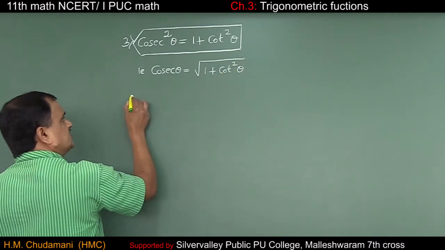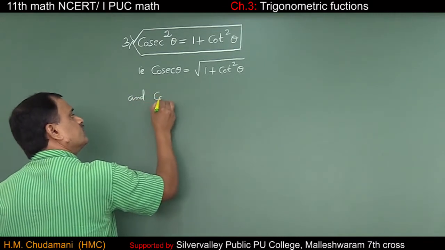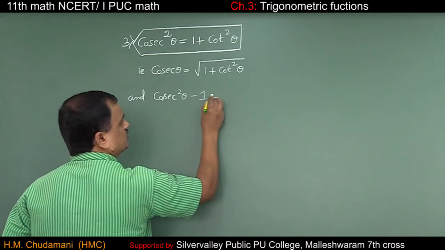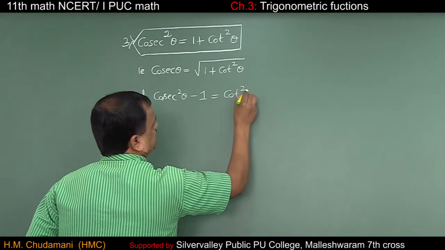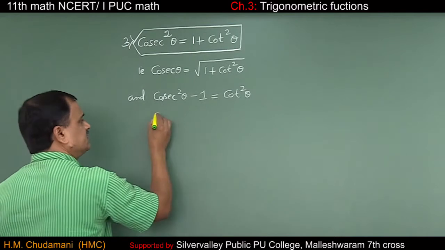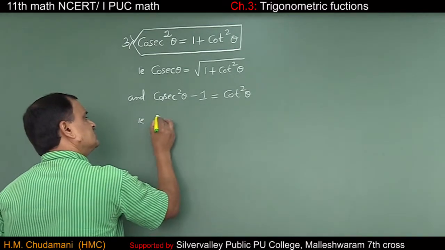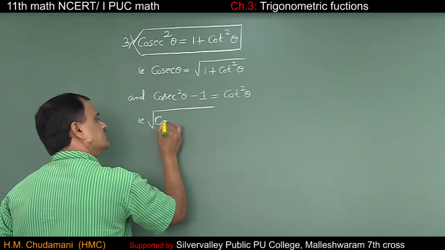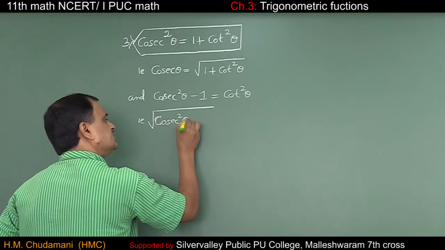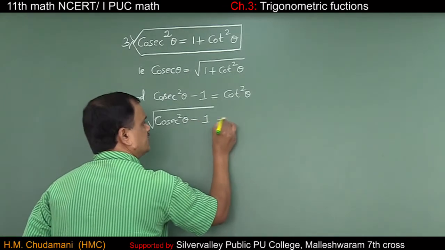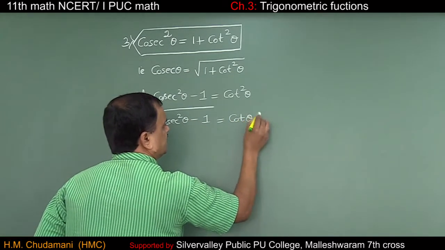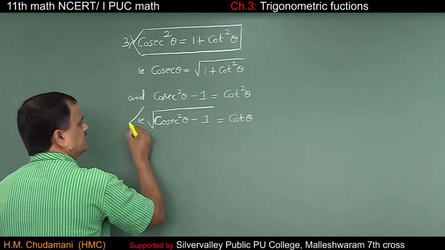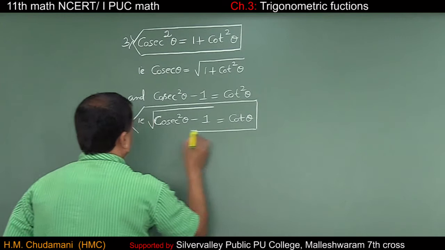That is the same as cosecant square theta minus 1 is equal to cot square theta. Shift 1 to the left hand side, that is nothing but root of cosecant square theta minus 1 is equal to cot theta.